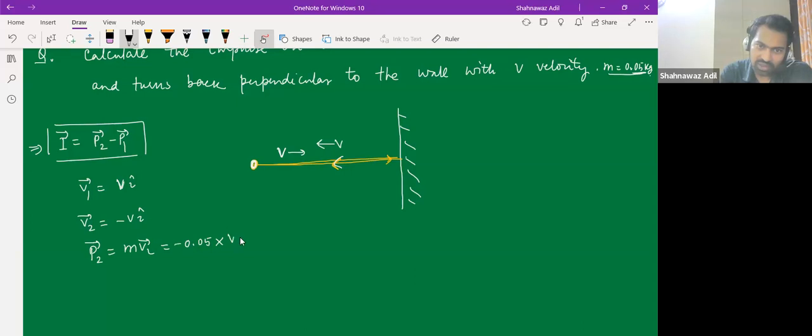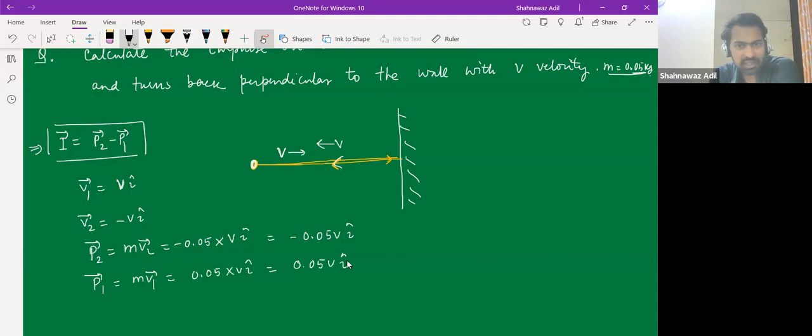So minus 0.05 v i. And what is P1? m v1. This is 0.05 into v i. Is this part clear, guys? Yes, sir. So now we have to calculate the impulse. This is P2 minus P1.